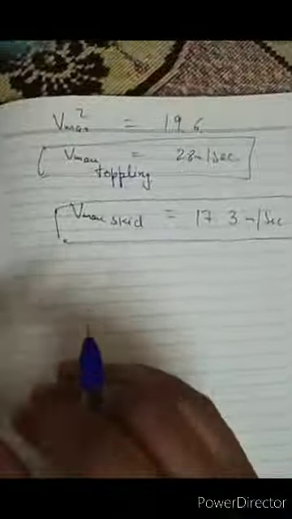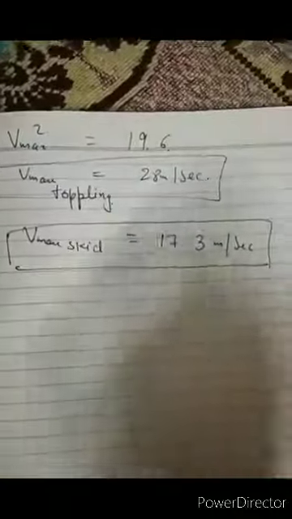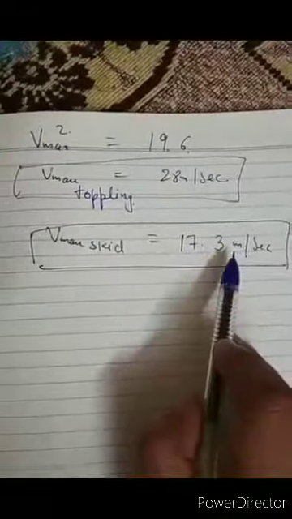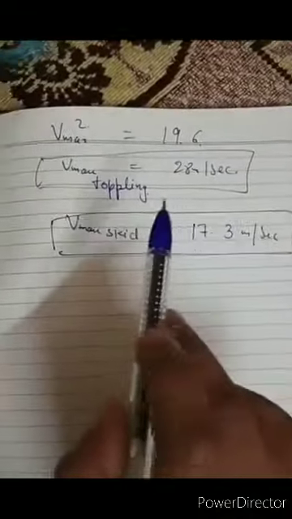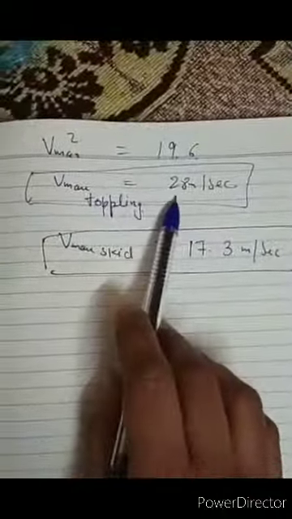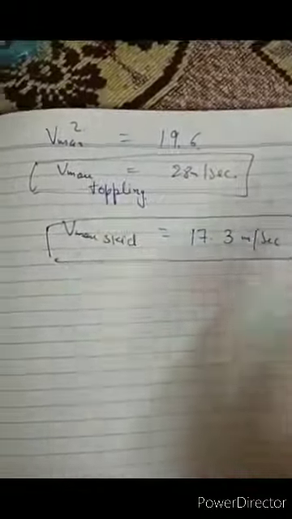So if you start your car from 0, 1, 2, 3, 4, 5, 6, 7, 8 and go till 17, first your car will skid, and if you continue until you reach the velocity of 28 meter per second, then it will start to topple. Sometimes there will be a question in the exam whether the car will skid first or topple first.